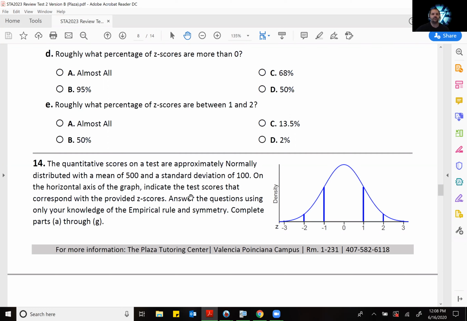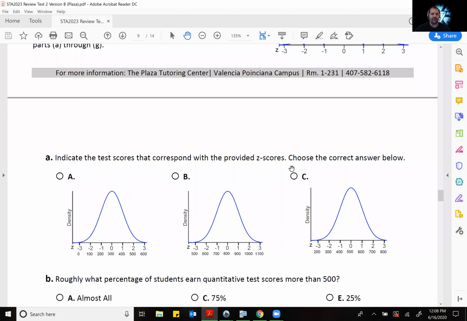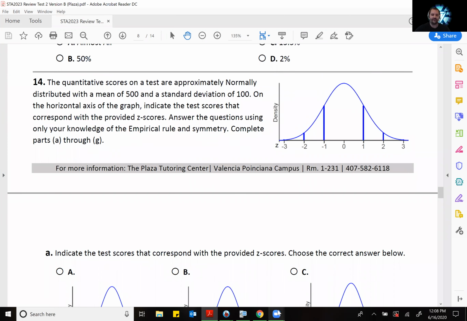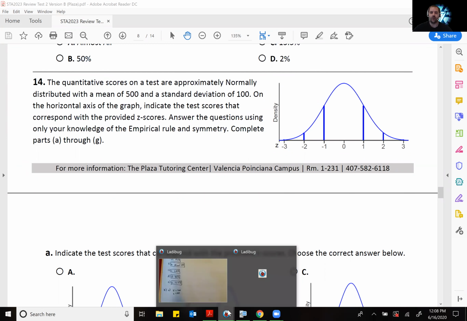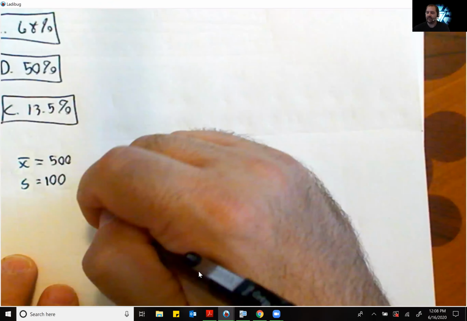Okay? So they have put these into z-scores. They are using the normal distribution. So they want us to answer some questions. When you do this one, you actually have a couple different ways that we can attack this. So part A is all about making your graph. All right. So let's make our graph.